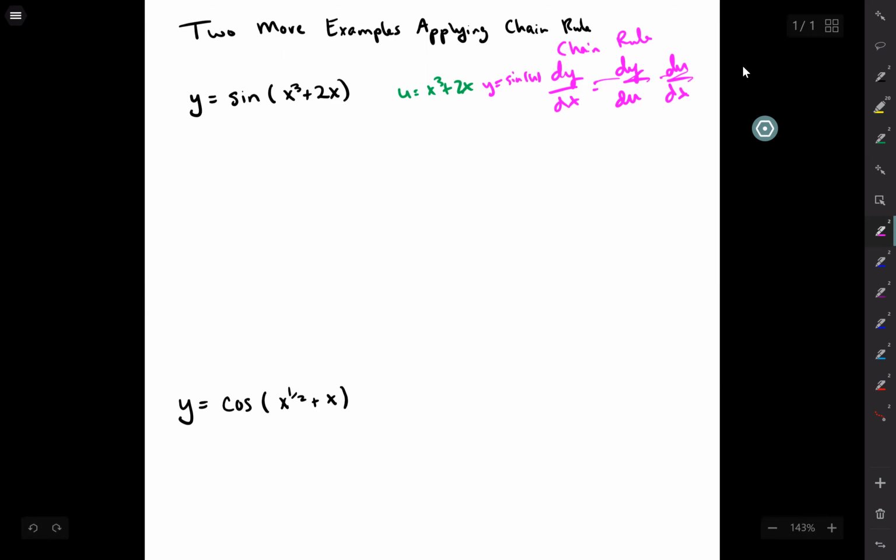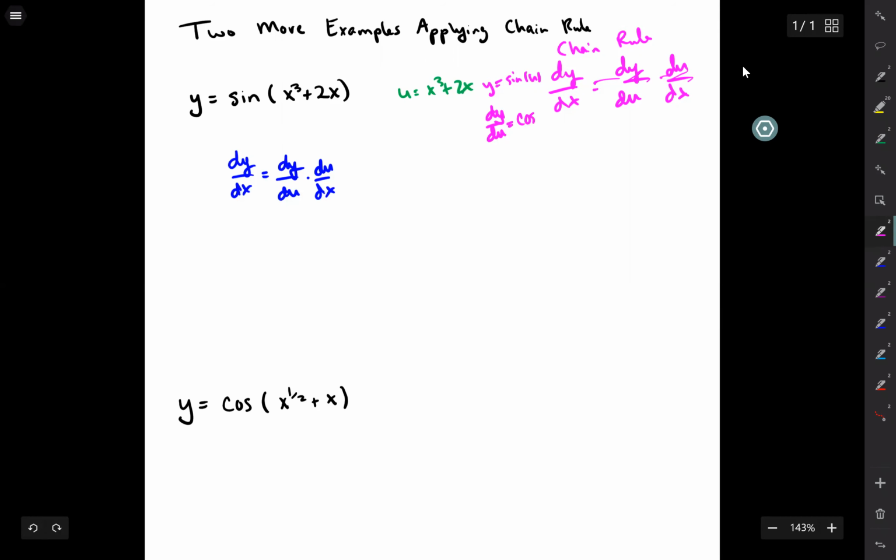And so the rule says that dy/dx is going to be what? dy/du times du/dx. So we should calculate du/dx and dy/du. So dy/du is, what is that, cosine of u?